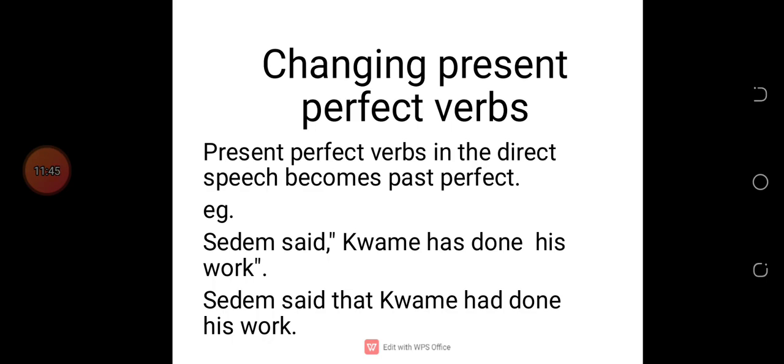For the present perfect verbs in the direct speech to indirect speech, what we do is that we change the verbs to the past perfect. Our main idea is being able to identify the present perfect verbs in the direct speech.